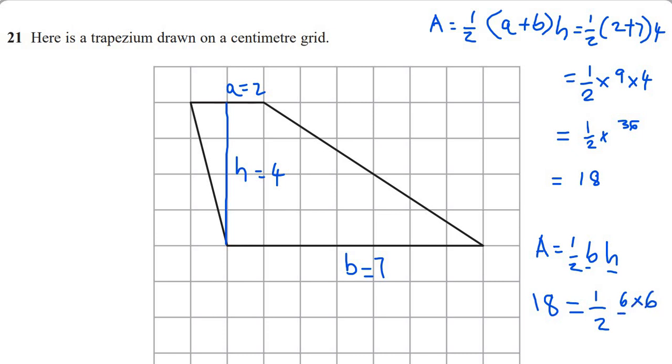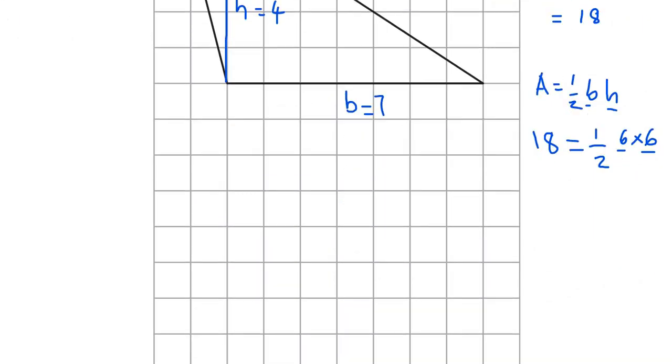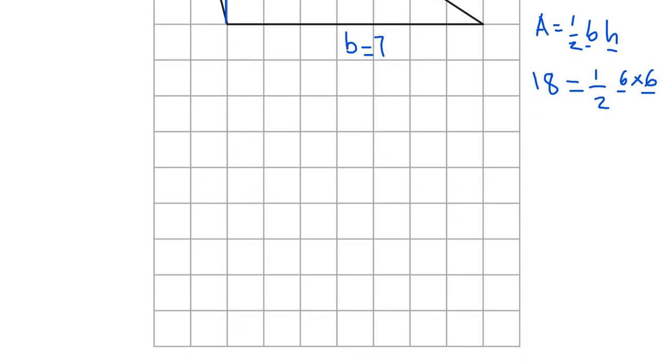So a base of 6 and a height of 6 would actually work, and that would give us an area of 18. So a base of 6 units. So let's say we could draw 1, 2, 3, 4, 5, 6. Of course, you need to use your ruler and draw straight lines.